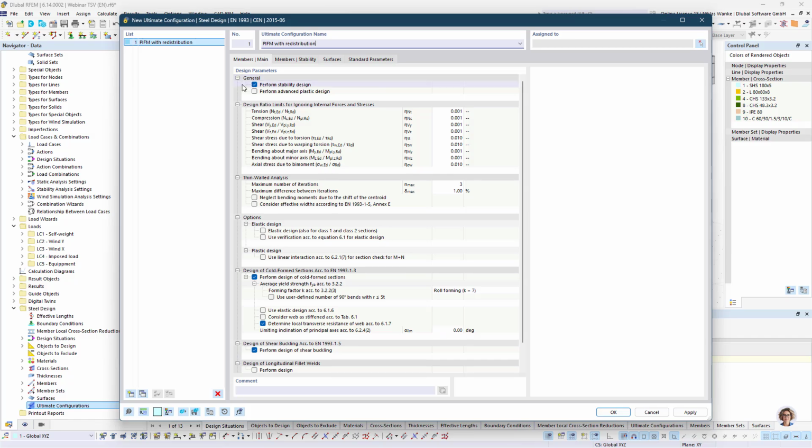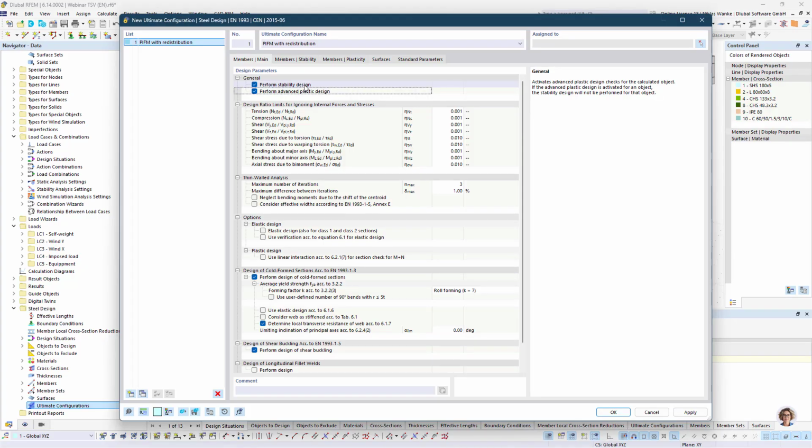But if you activate the PIFM, which would be this checkbox here, so perform advanced plastic design means the PIFM method, then you will receive a message which says if the advanced plastic design, this is PIFM, is activated for an object, the stability design will not be performed for that object. That means even if you let the stability design activated, it won't be performed for a member which is designed according to the PIFM. This is important to notice. Yeah, you should always have this in mind.